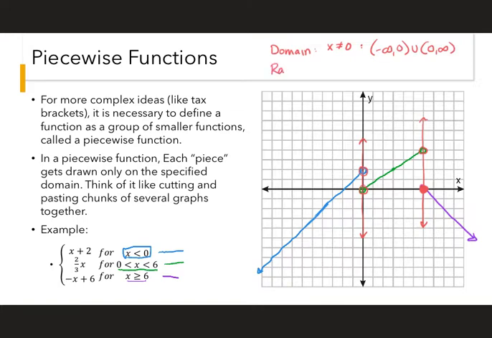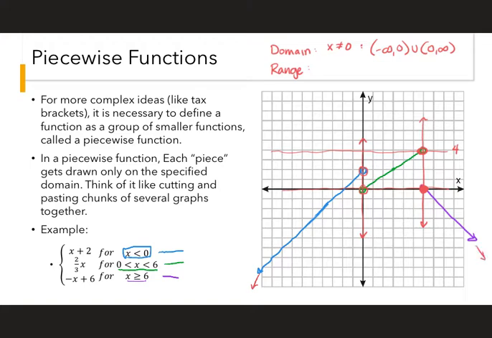For my range, I don't really care if it's one to one. I just want to know, is there anything that it's not going to be? Okay, so right here, that's fine. My highest value is going to be that +4, but notice that it's an open dot right there. And it goes down forever.